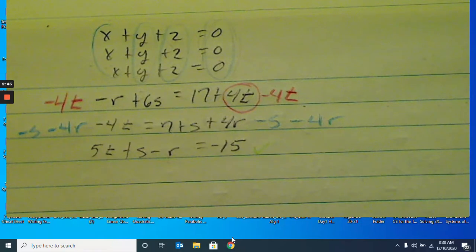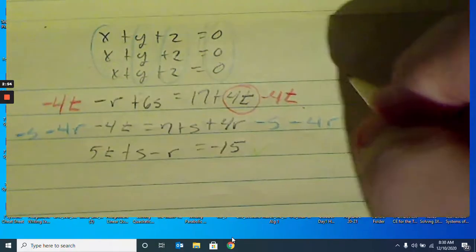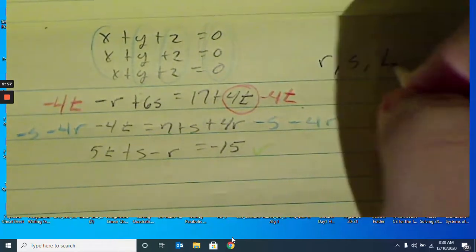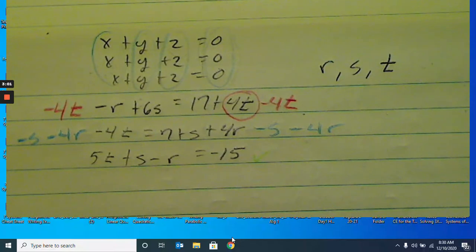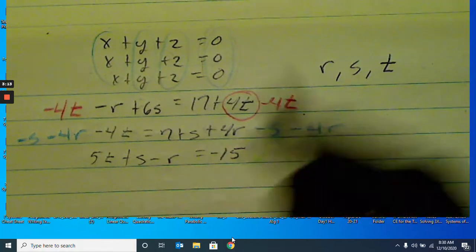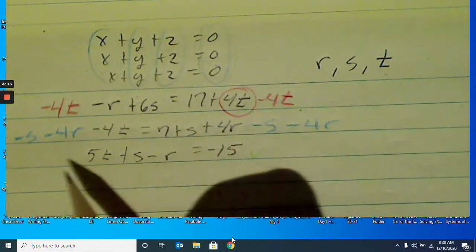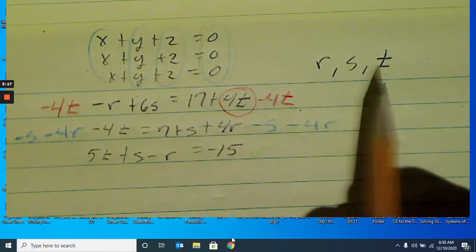And so when you do that, this is what happens. I believe the problem says that you're looking for r, s, t. Now I also realize that when I did this, I forgot to change all the variables to x, y, z, and so on. Just change them, it's alphabetical order. It's not that big of a deal. But because this says r, s, t, I know I'm going to want to rewrite all of this in this format right here.